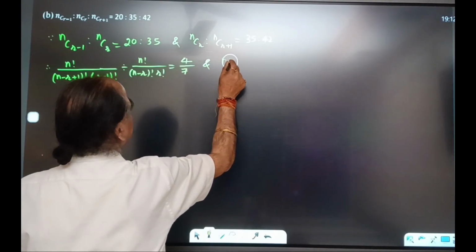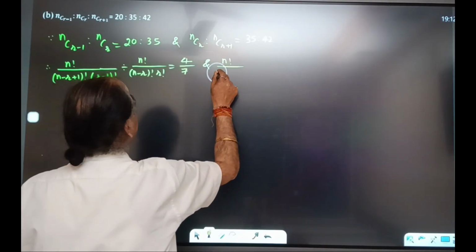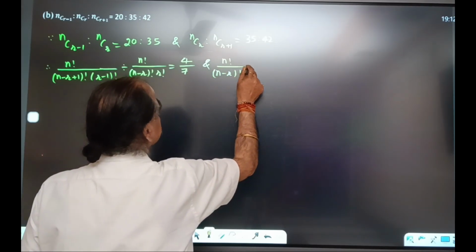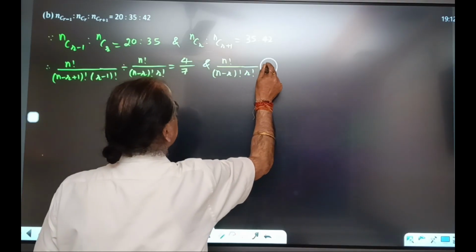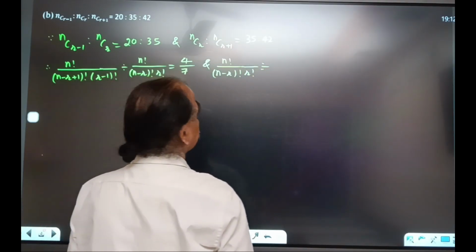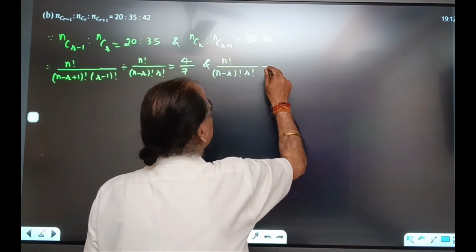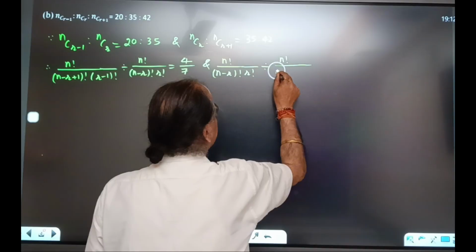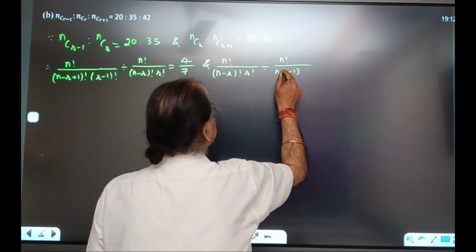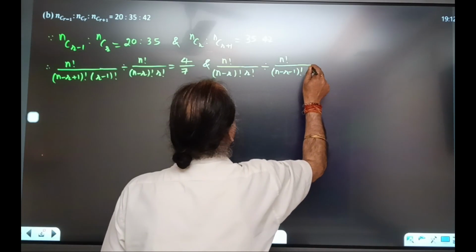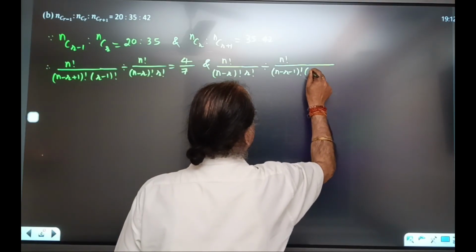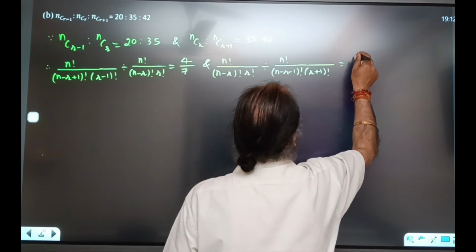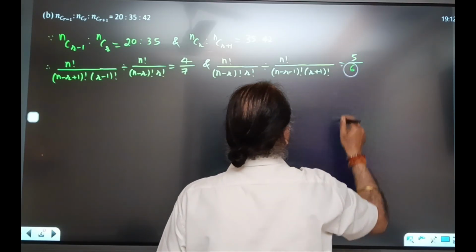And n factorial upon (n minus r) factorial into r factorial, divided by n factorial upon (n minus r minus 1) factorial into (r plus 1) factorial, is equal to 35 upon 42, which is 5 by 6.